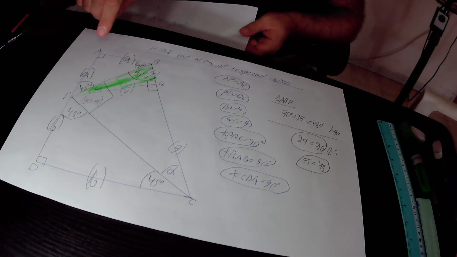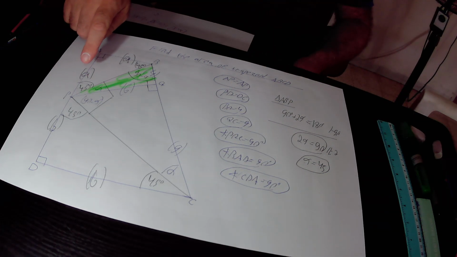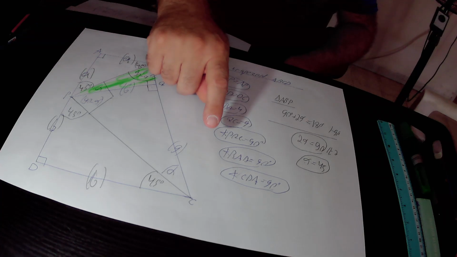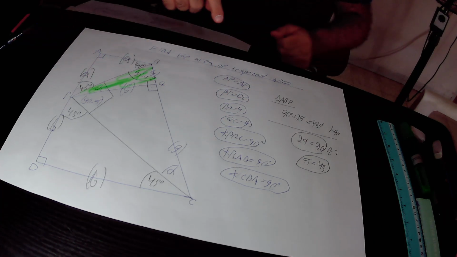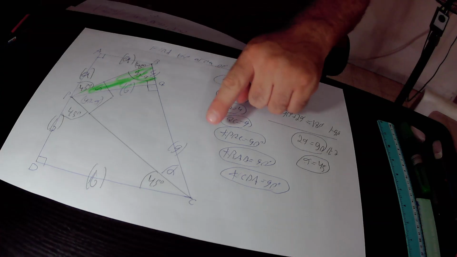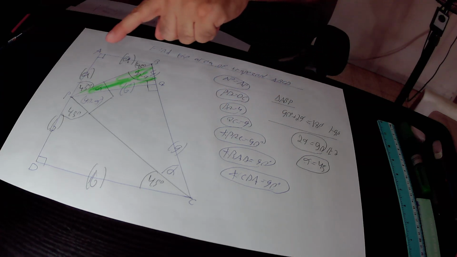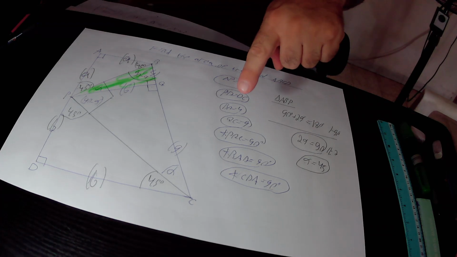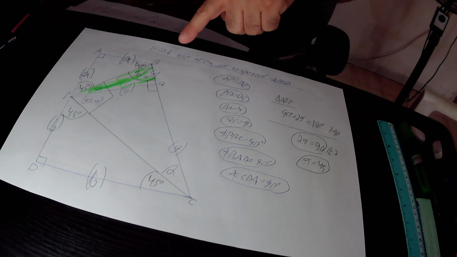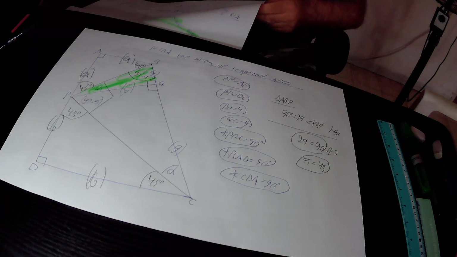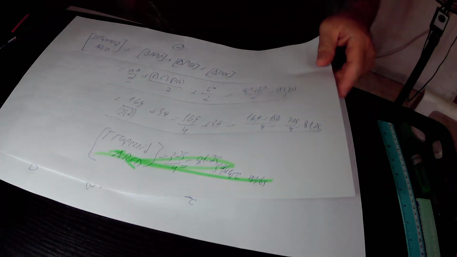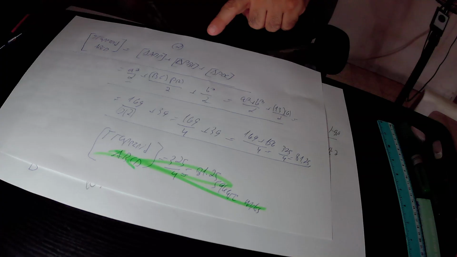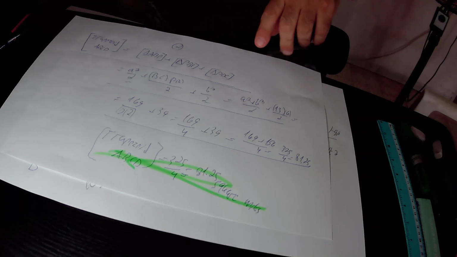Plus the area of the second component, that is the big triangle PBC. What is the area of the big triangle PBC? It equals BC, that is the base, times the height, that is PQ, over 2. Again, the area of the big triangle PBC equals the base BC times the height PQ over 2.